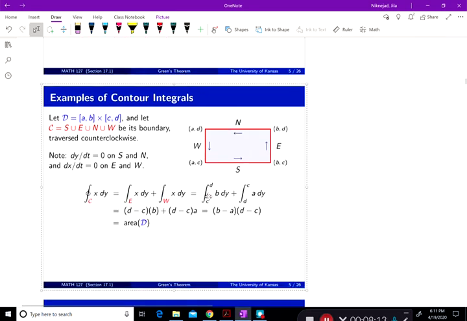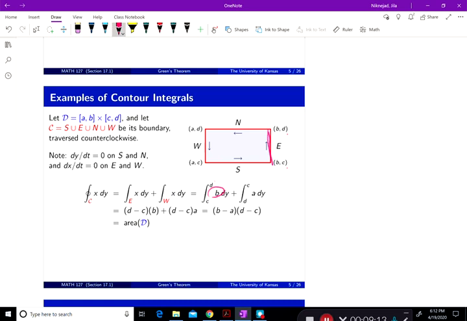Then we want to find the integral of x dy over the union of all four pieces. Since dy is 0 on S and N, I can ignore those because they give zero integrals, and just find the integral on E and W. On E, x is equal to b, and y runs from c to d.